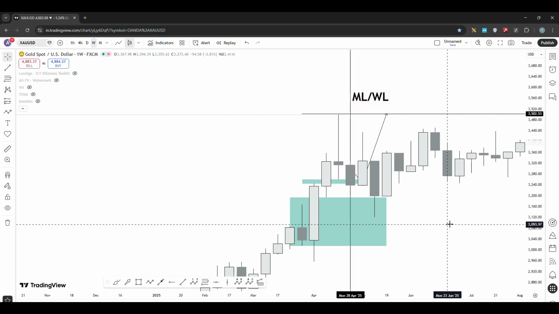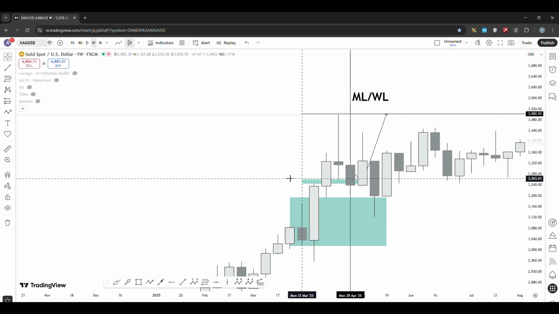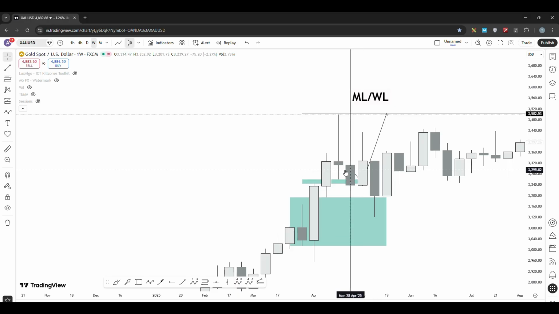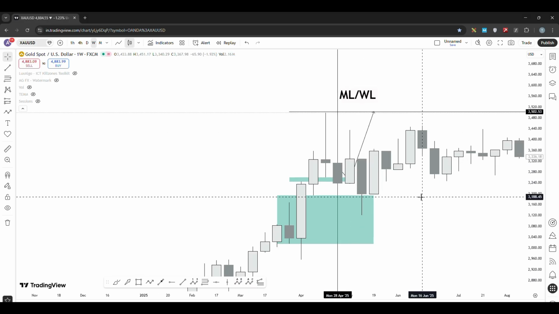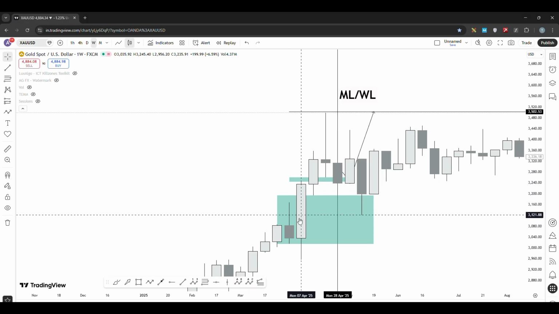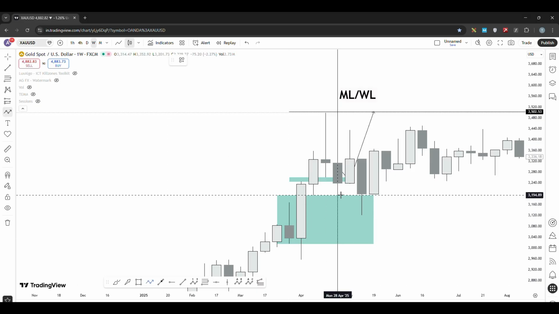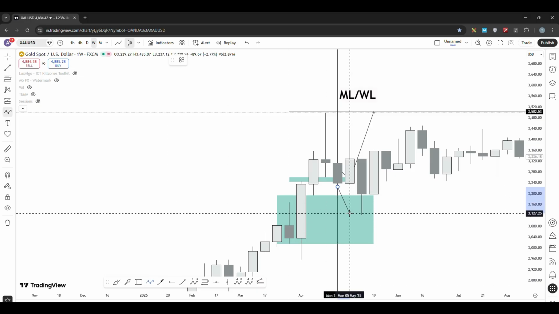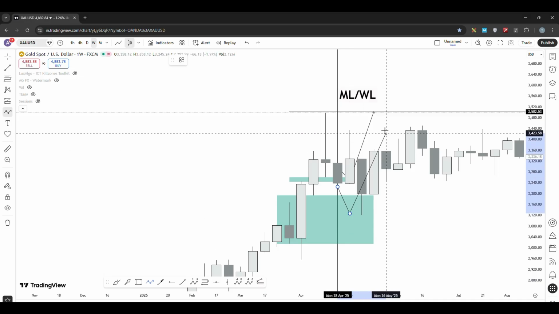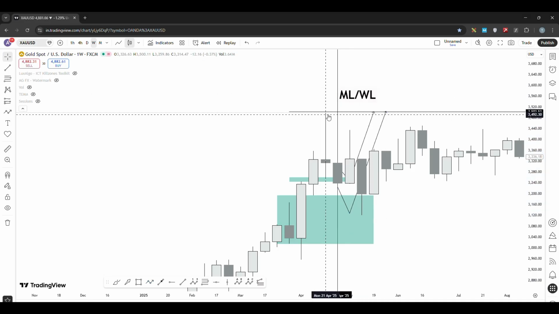This is what you want to see. But if it does not happen, if this level is not able to displace gold, in that case you will focus on these last POI, and from here you will be looking for a displacement, and once you see that, you will take an entry and you will be targeting what? You will be targeting the weekly liquidity.